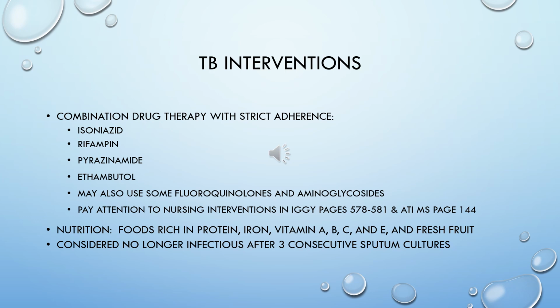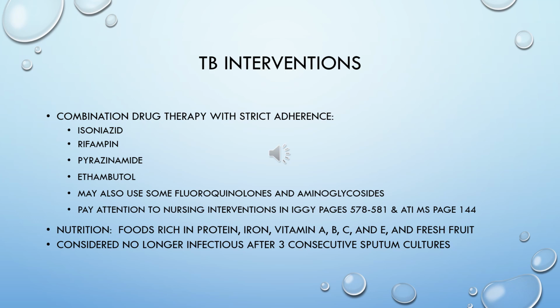Of all the things about a medication, yeah, your patient probably needs to know that, but I would be more worried about some of the other complications that may be associated with that, like liver damage. But that is just something that they like for you to know. They may also use fluoroquinolones and aminoglycosides, which are types of antibiotics.